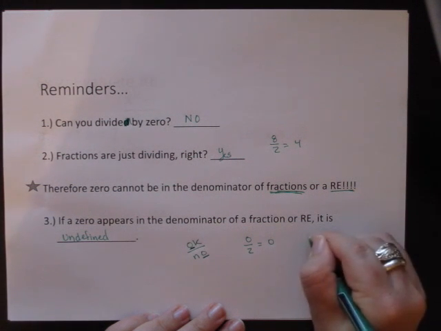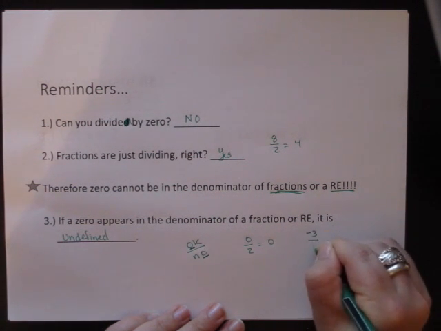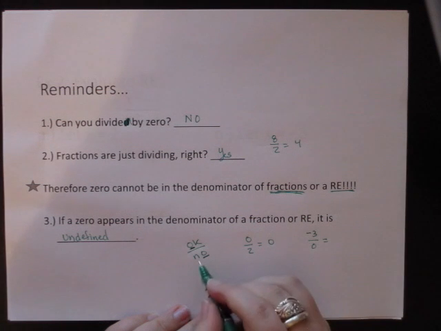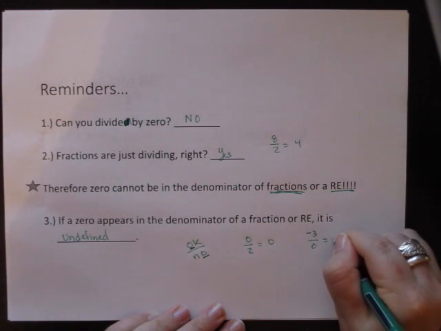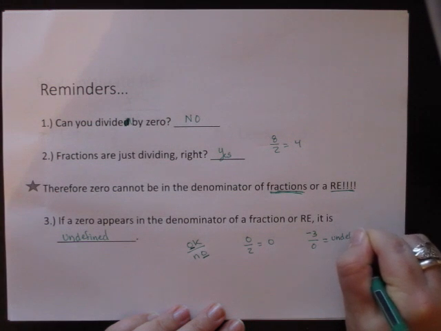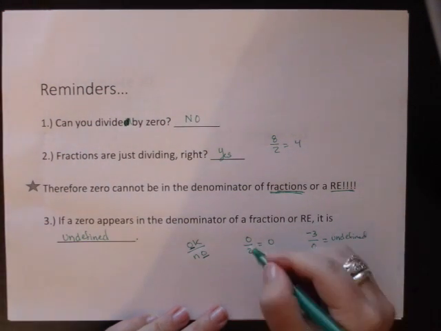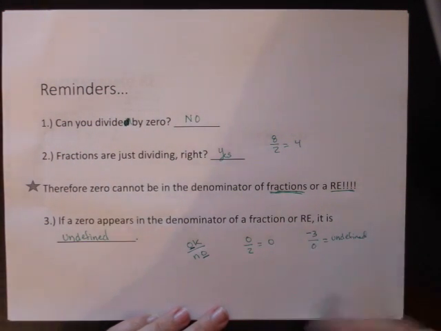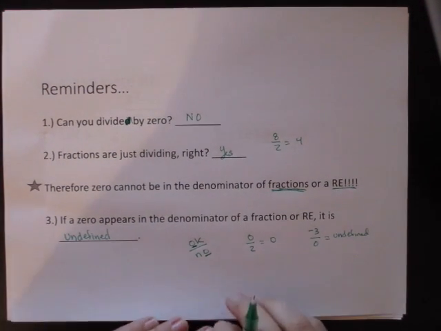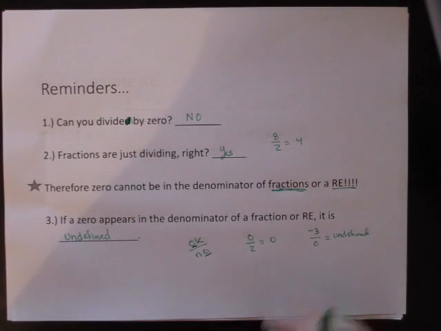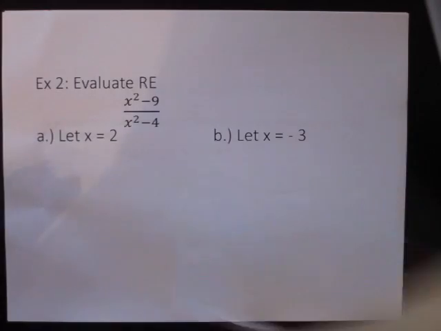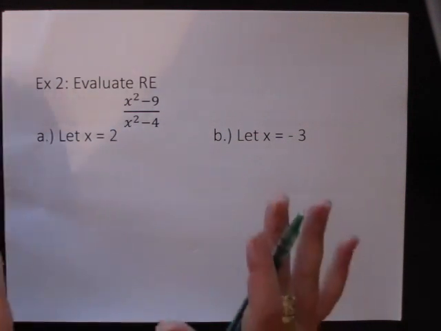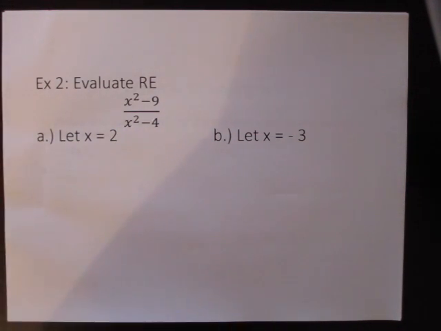But if I had negative 3 divided by 0, no, I'm not allowed to have 0 in the denominator, so therefore my answer would be undefined. If you just leave it like this and not simplify it all the way, then you're going to end up getting a fourth of a point off. So please make sure that when you have a 0 in the numerator or denominator that you simplify as much as possible. Alright? So now what I want you to do is pause the video and do A and B.